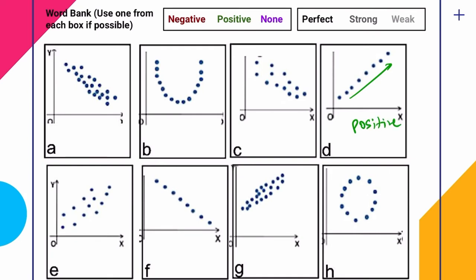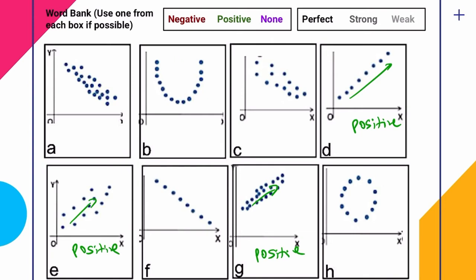Okay. There are 2 other graphs that are positive. Which ones would those be? So that would be G, that one's positive, and E, this one's positive. There are 3 graphs that are negative.